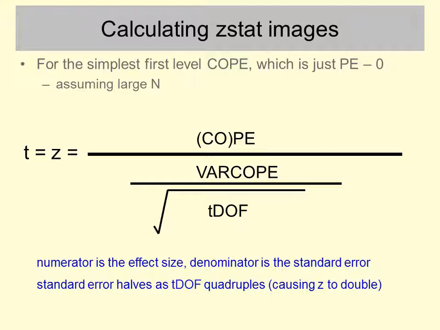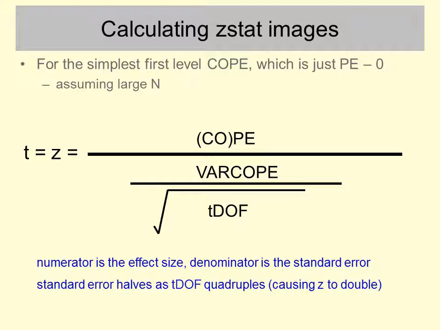So our numerator is the parameter estimate. Obviously, a larger parameter estimate clearly implies that a particular explanatory variable is making a bigger contribution to explaining the variation in a voxel time series.